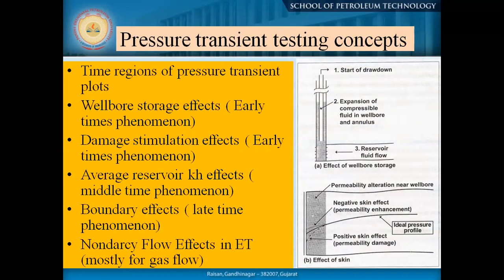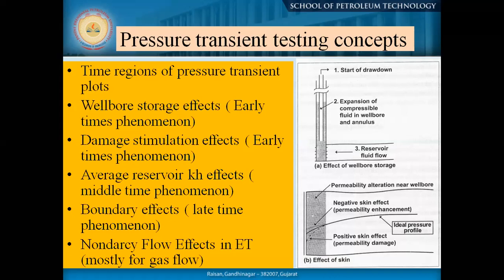That means we allow a well to flow, or we close a flowing well, and try to see how the pressure response shifts from the top of the well to the complete well, then the sand face where the perforation has been done, then going away from the sand face, that means the skin part, then going away from the skin, that means the normal reservoir.